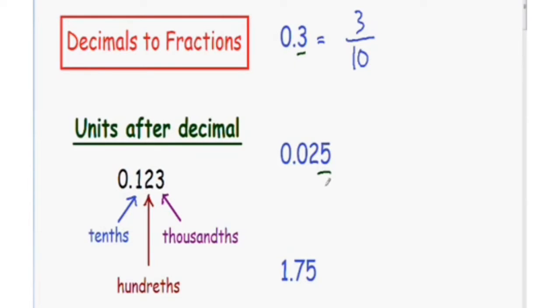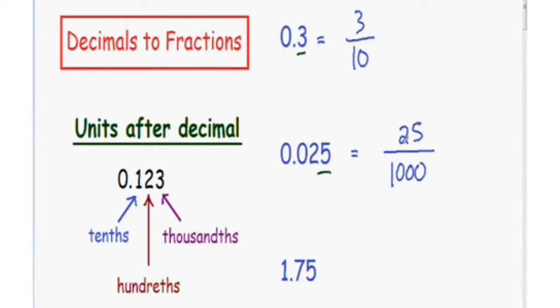So the first thing we are going to do is to write 1000 as our denominator. Look at your decimal fraction. The number we can pick out from there is 25. So we put 25 as our numerator.